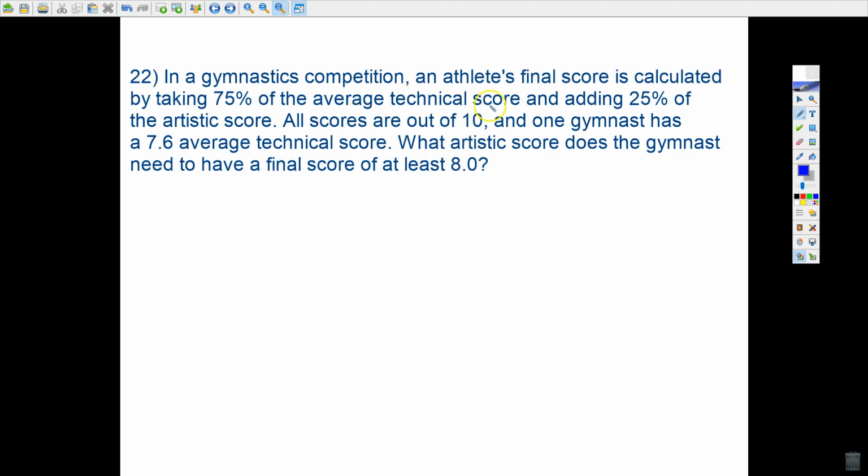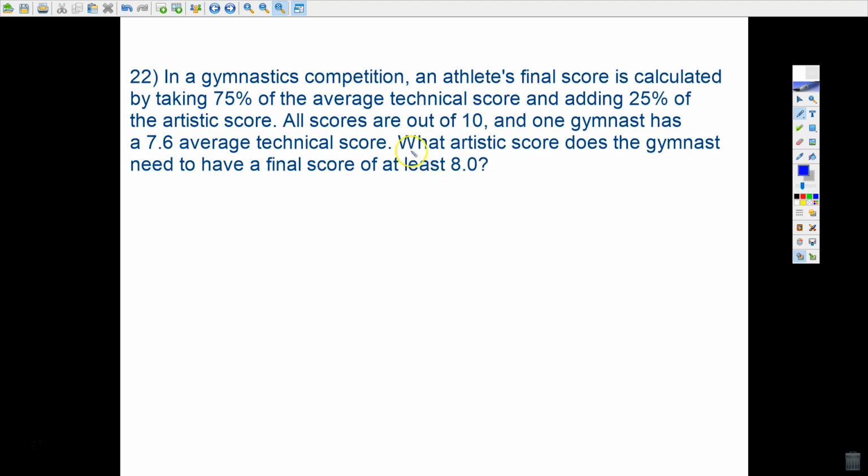There is a technical score, what is their technical ability to perform all the moves, and then there's an artistic score, how creative were they, and the combination of those 2 aspects of gymnastics will go together to make a total score out of 10.